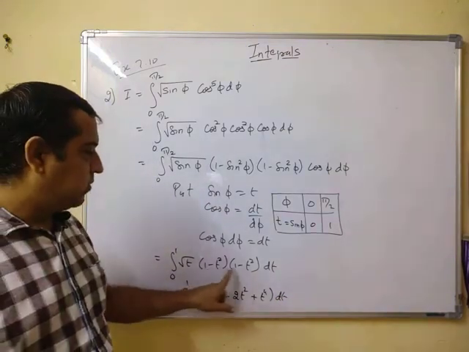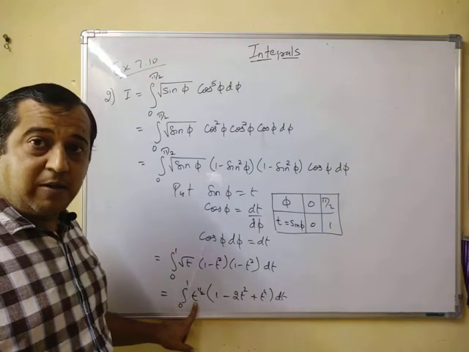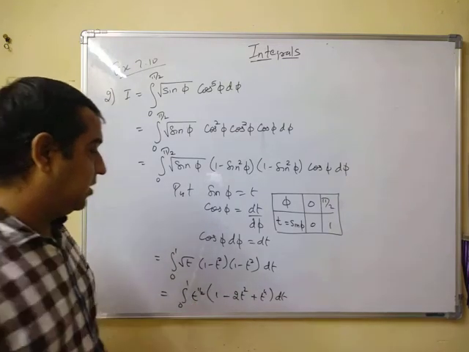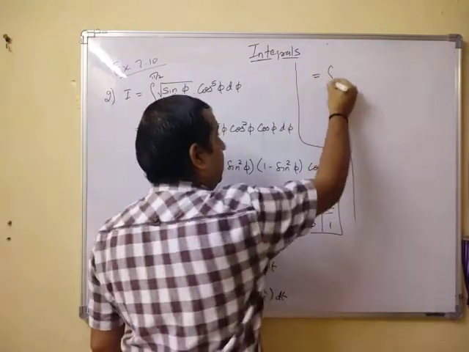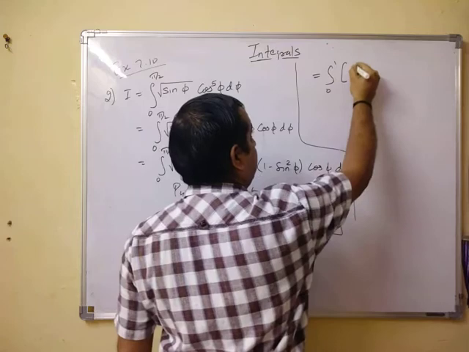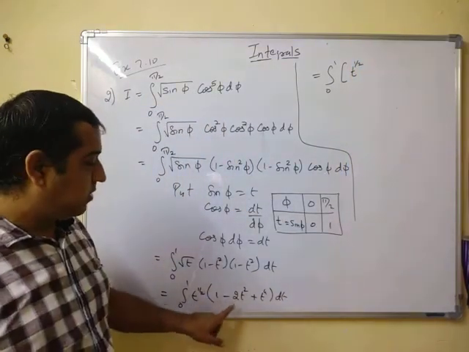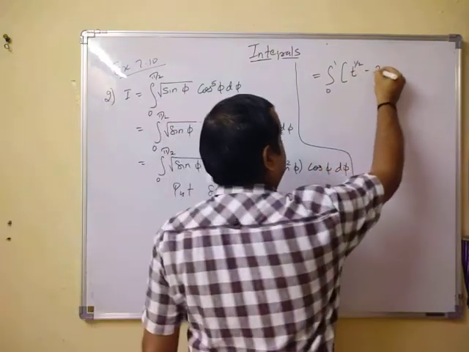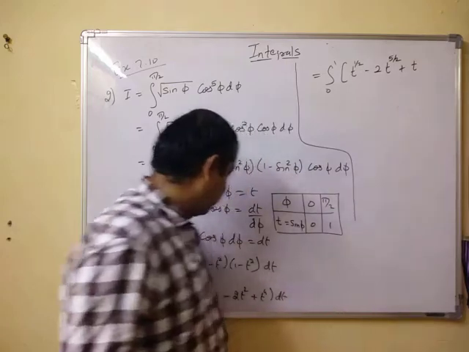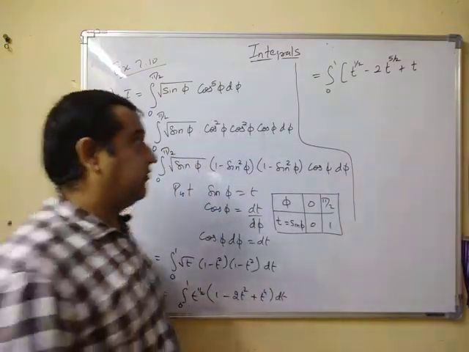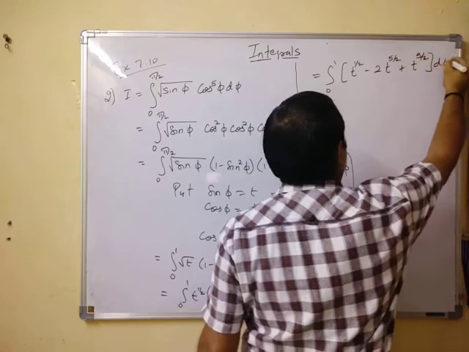Outside, under root t can be t raised to half. Now multiply this t raised to half inside. What do you get? You get integral from 0 to 1 t raised to half minus 2 t raised to 5 by 2 plus t raised to 4 plus half, means 4.5, means 9 by 2, dt.